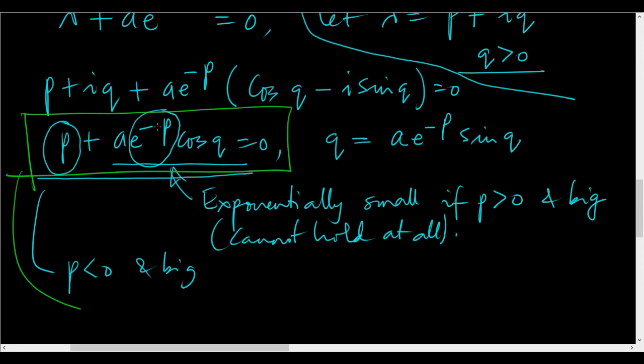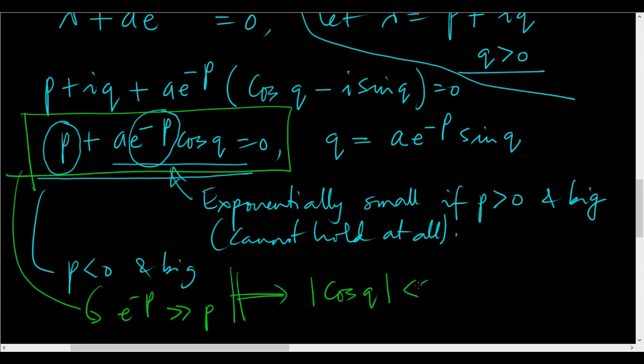e to the minus p is much bigger than p. Then the only way that will work is that cos q has to be tiny. That means sine q is basically 1. So we come to the next equation.